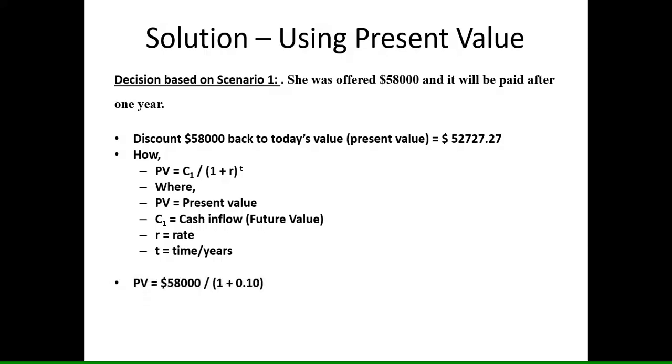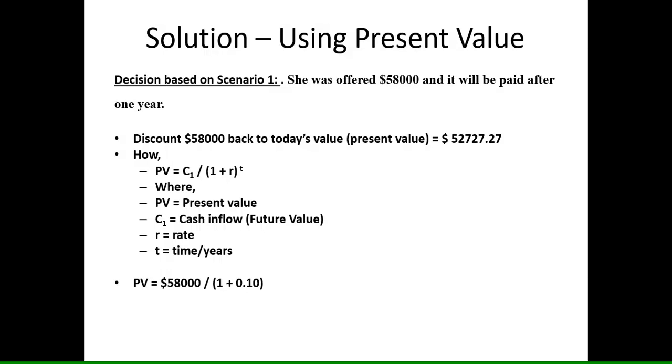What is the application here? Present value equal to C1, which is 58,000, the future value, divided by (1 plus 10%), which we can convert into numbers as 0.10, and power T is 1 year.